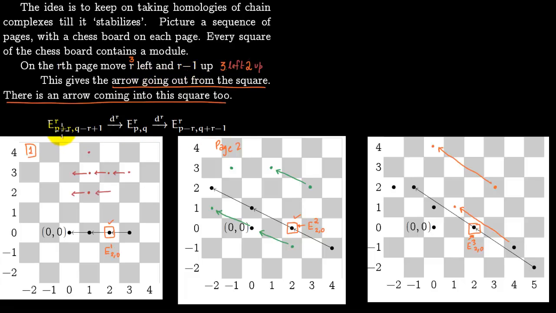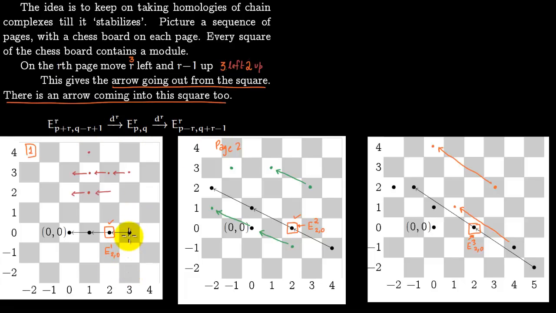So you're going r left, so you subtract r from here, therefore you get p, and r minus 1 up, so you add r minus 1 to go up, you get q. Similarly here, to move r left you have to subtract r, and to move r minus 1 up you have to add r minus 1. So this is nothing but the arrows given to us.